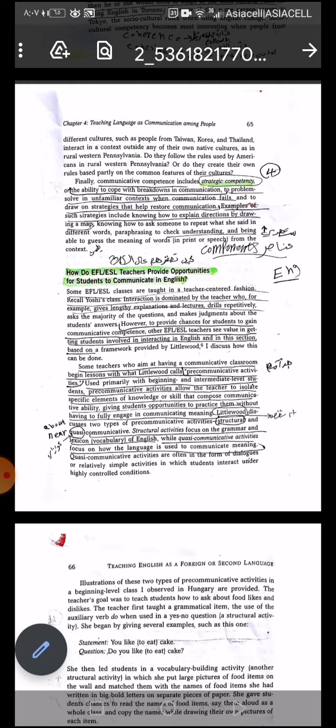Pre-communicative activities allow the teacher to isolate specific elements of knowledge or skill that can boost communicative ability, giving students opportunity to practice them without having to fully engage in communicating meaning. Littlewood discusses two types of pre-communicative activities.